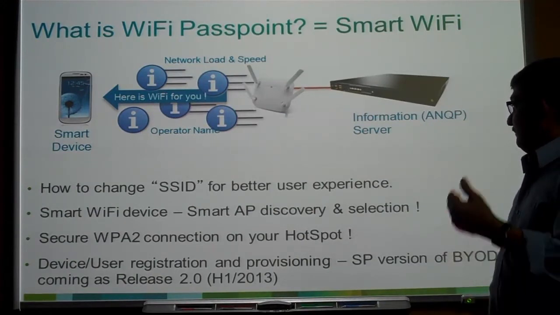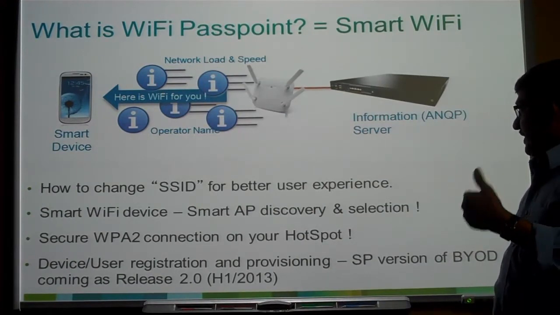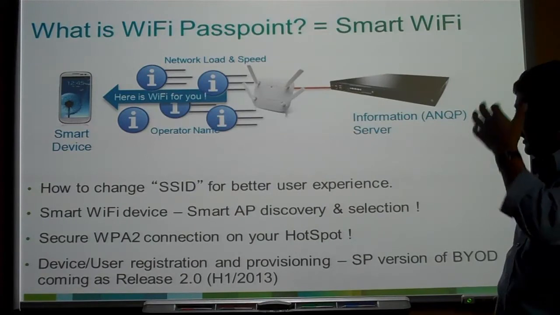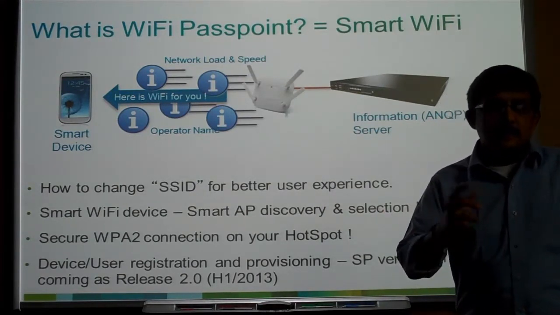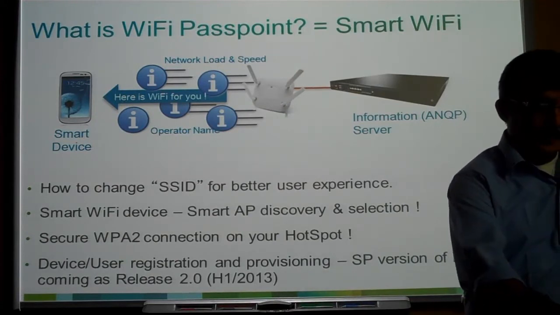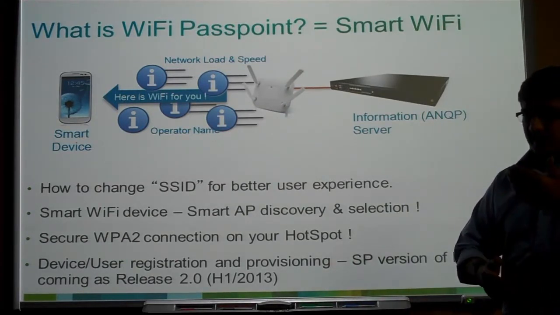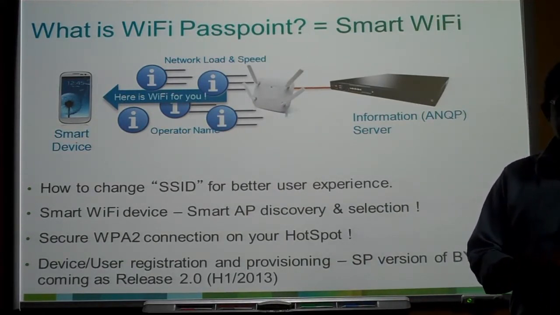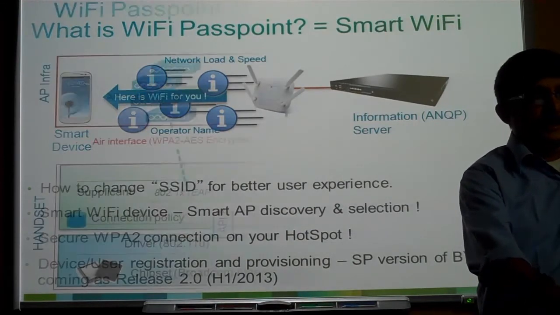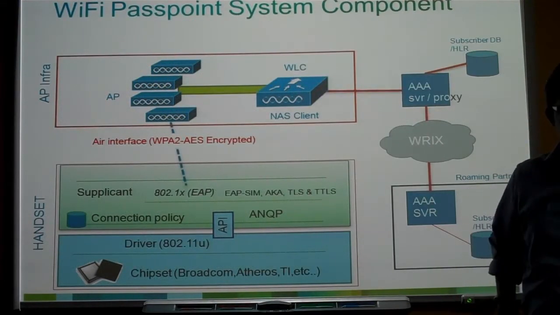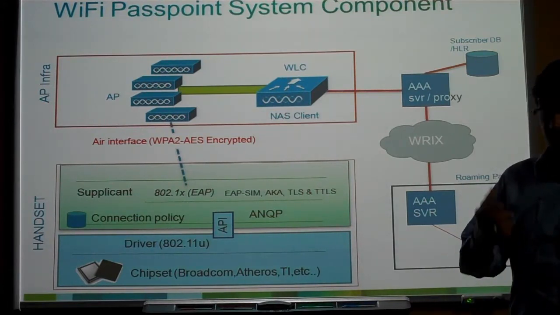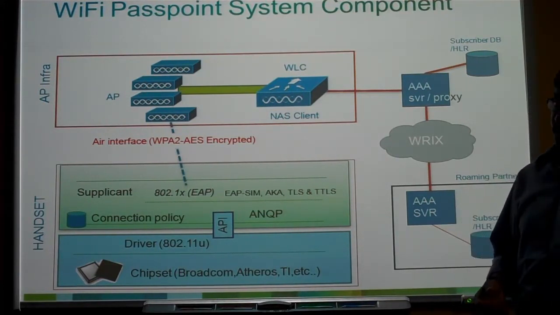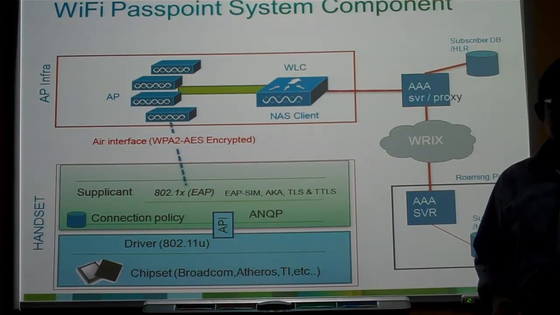I think this was already there in the previous release, but the announcement went in standardized pre-Hotspot 2.0. So venue, service providers, various options and things like that are announced to the end user, the smart devices, in advance, so that the user can make a better choice whether to associate or take advantage of the service.